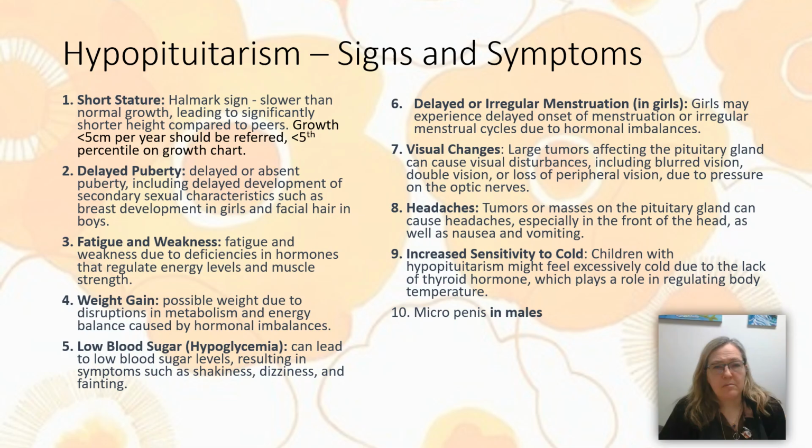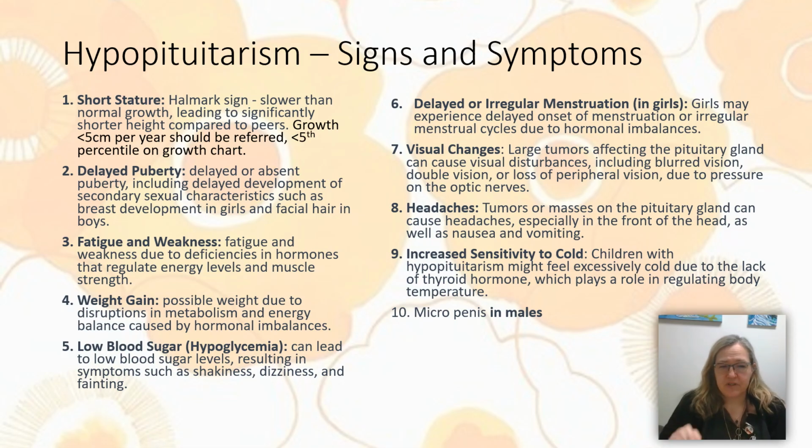So the hallmark sign of hypopituitarism is delayed growth. This is why it's so important that you be able to plot out the child's growth on the CDC growth chart. Anytime you see the child not meeting that initial line that they're on, say they started off on the 25th percentile for height, they should stay on the 25th percentile for height throughout their childhood.